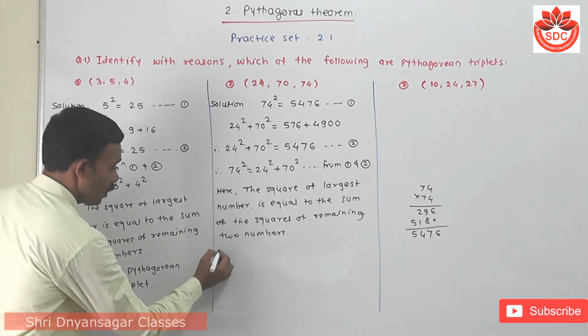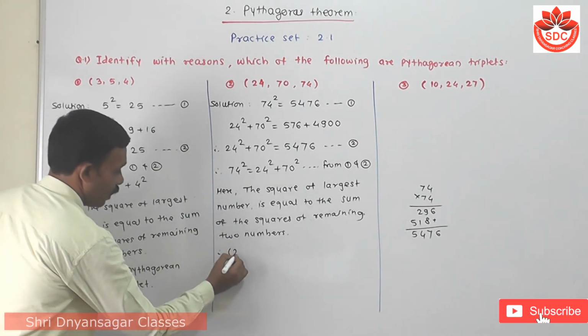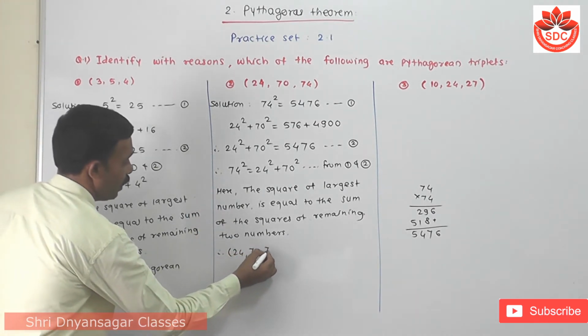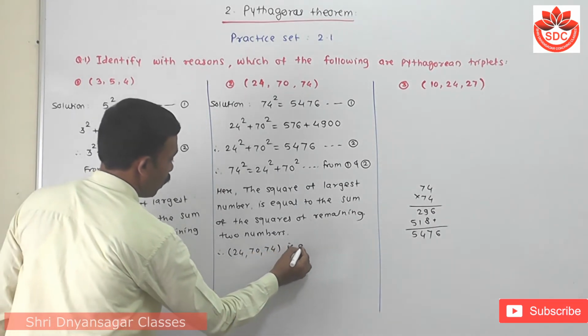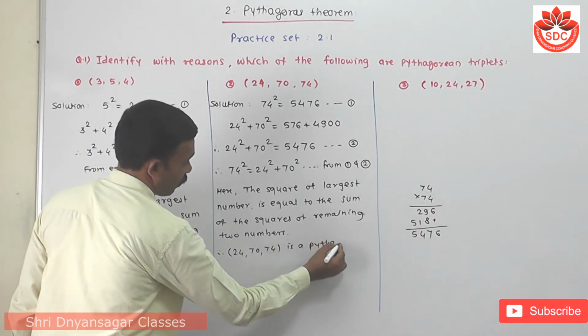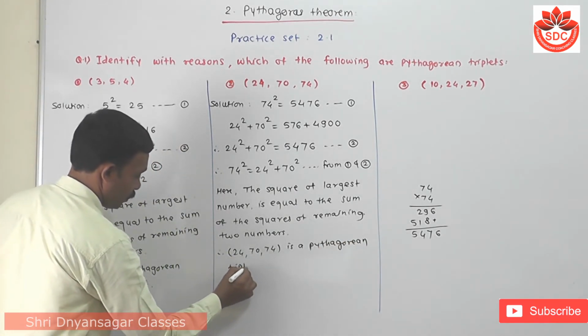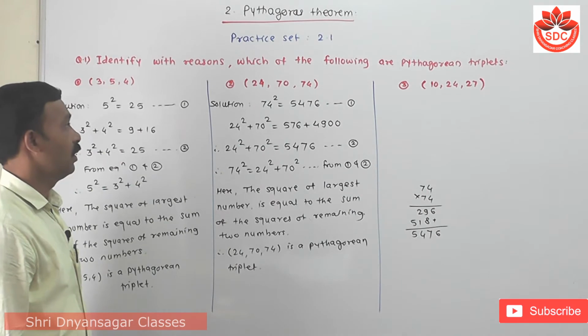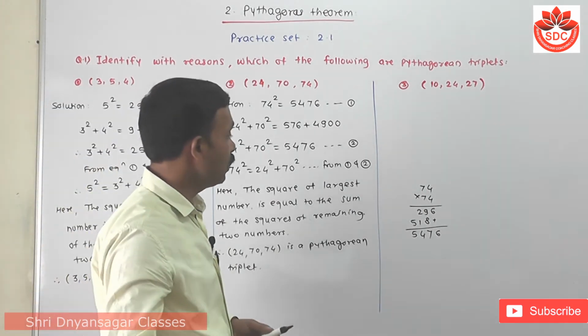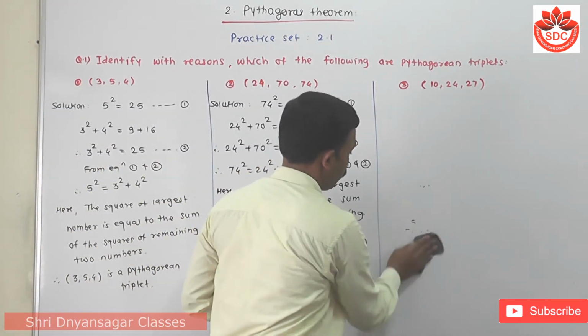Therefore, these three numbers, 24, 70 and 74, are a Pythagorean triplet. Can you understand this?